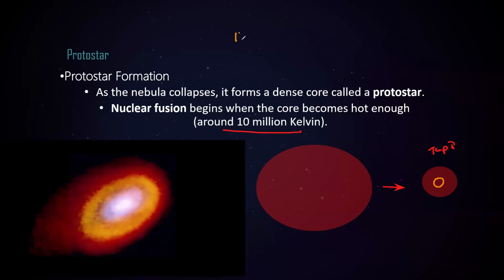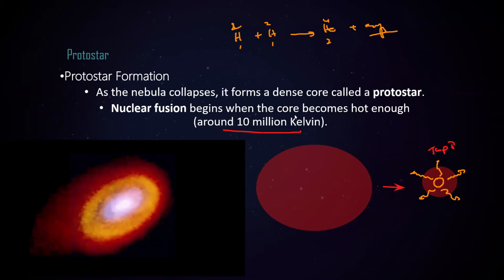What fusion starts? Hydrogen fusion. The lighter nuclei, the hydrogen atoms, start to fuse together, forming helium, and it releases energy. So when lighter nuclei join and form a heavy nucleus, it releases energy. The energy goes out in the form of heat and light.